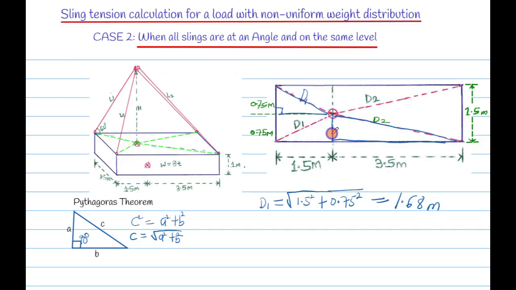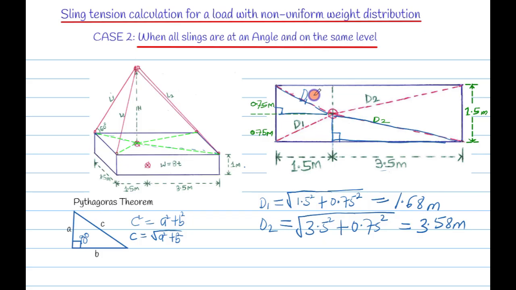So this triangle here is also a right angle triangle. So D2 will be equal to the square root of 3.5 square plus 0.75 square. This will be 3.58 meter. The 0.75 is half of this because this is 1.5. So half of it will be 0.75.